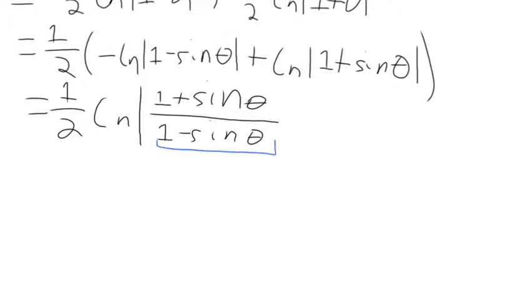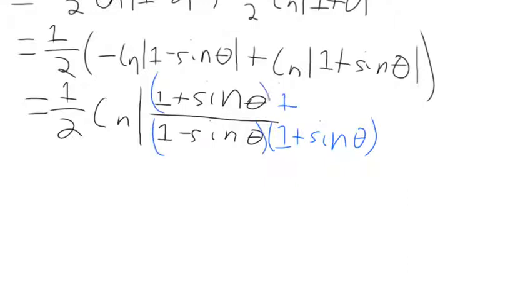And I'm going to multiply by the conjugate of the denominator on the top and bottom. So I'm going to multiply this by 1 plus sine theta on the top and on the bottom. So let me put down some parentheses here just to clarify. And then now I will close the absolute value.